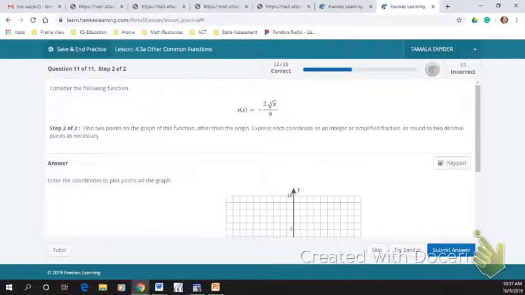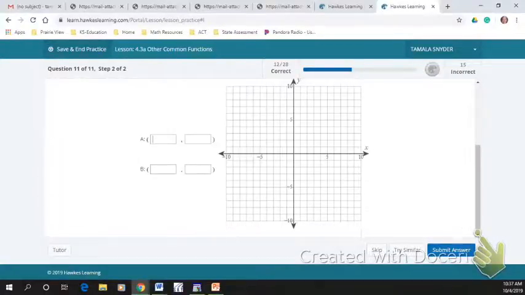What is the fourth root of 1? 1. So we're going to do 1, and the y-value is -2/9.